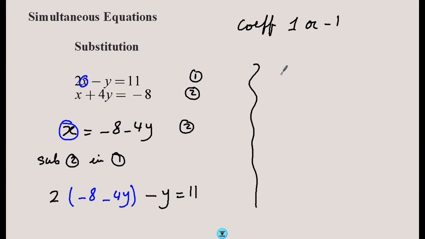Expanding and simplifying gives us -16 minus 8y minus y is minus 9y equals 11.